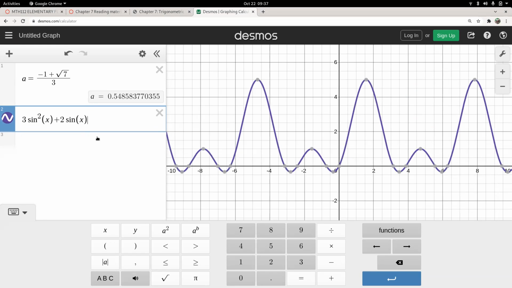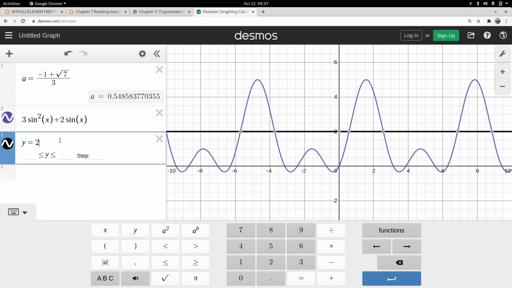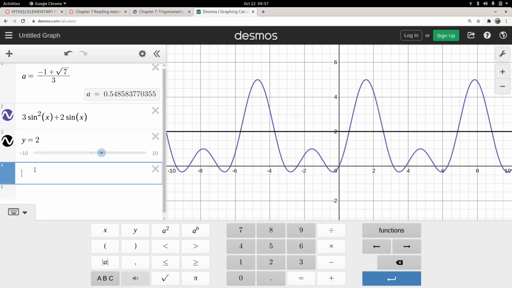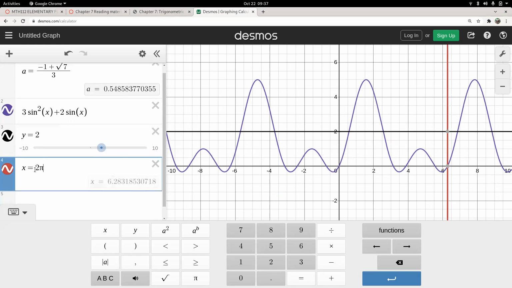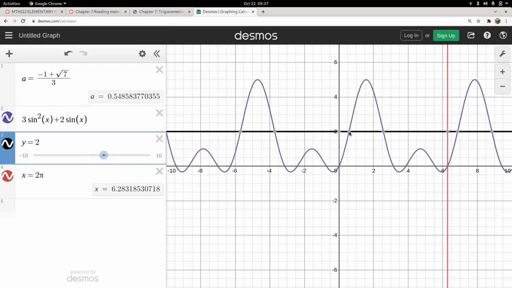So same function we looked at in the previous example. This time I want to know, when does it meet up with y equals 2? And think about looking from 0 to 2 pi. So I'm going to graph x equals 2 pi. There we go. All right, so how many solutions do I have between the y-axis and then x equals 2 pi? I have 1 there.